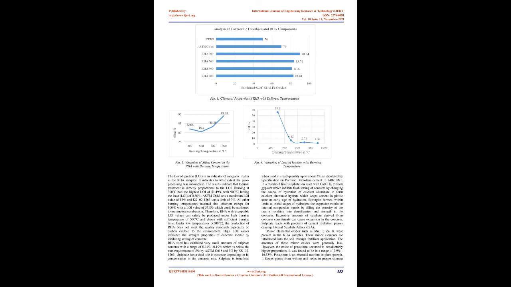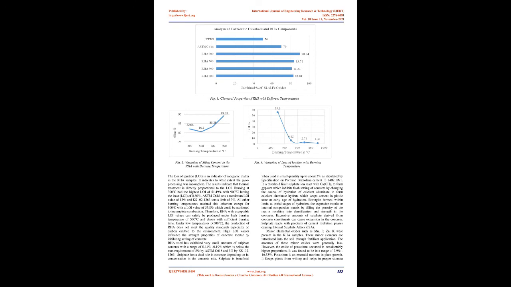High LOI values influence the strength properties of concrete mortar by inhibiting setting of concrete. RHA used has exhibited very small amounts of sulfate contents with a range of 0.14% to 0.19%, which is below the max requirement of 5% by ASTM C618 and 3% by KS-02-1263.